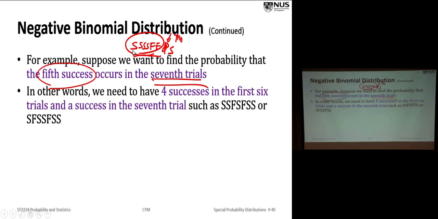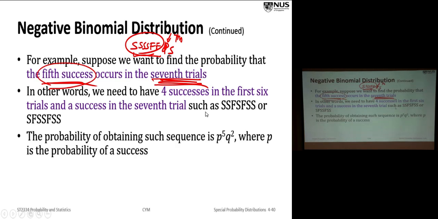Different arrangements, but I need 4 successes and 2 failures in order to get the 5th success in the 7th trial. So the 7th trial must be a success, and before that, it has to be 4 successes, that means 5 minus 1, and 2 failures. That gives me the 5th success occurring in the 7th trial.